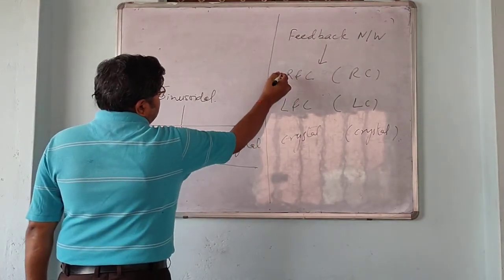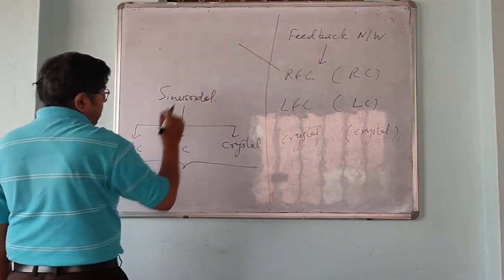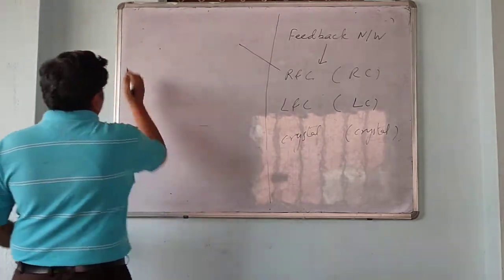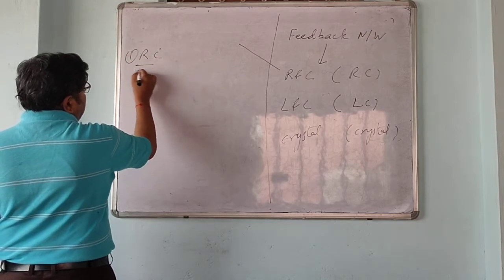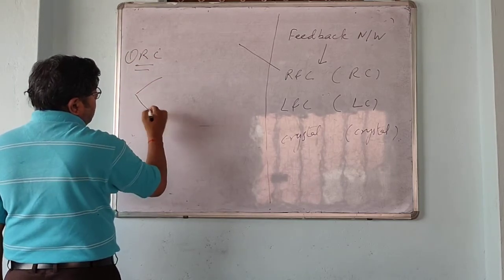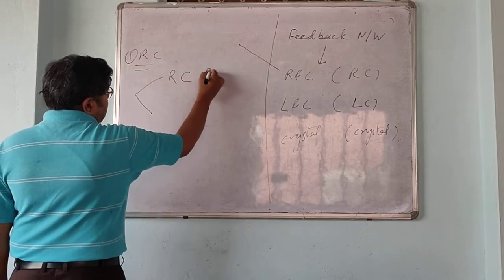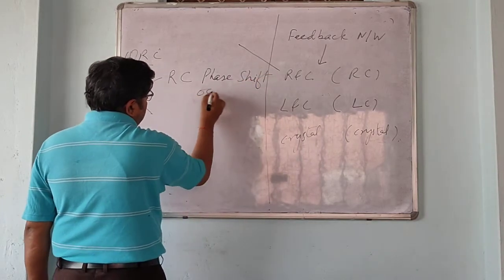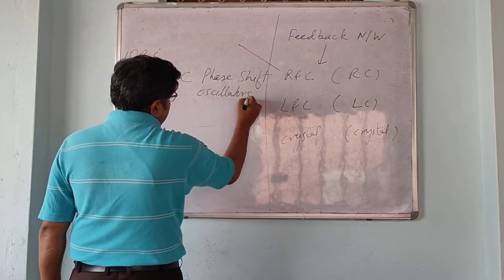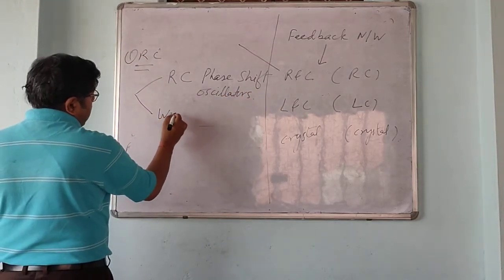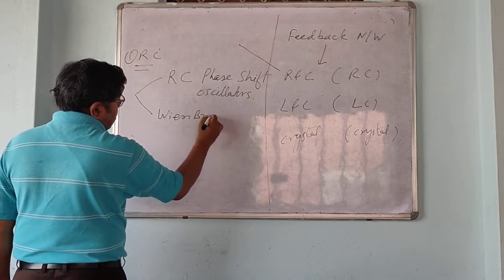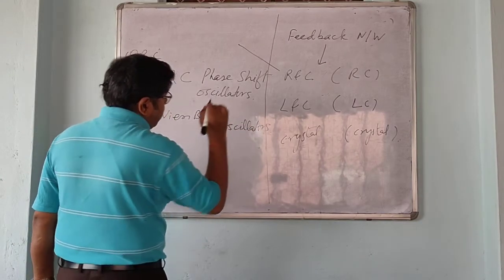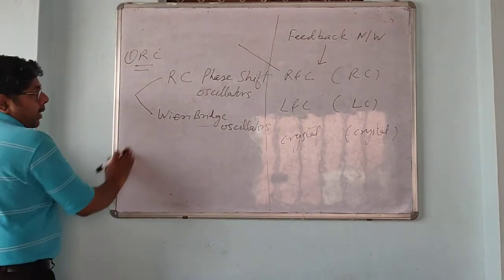Again, there are two types in RC. So for RC oscillators, basically you have RC phase shift oscillators, and another one is the Wien bridge.